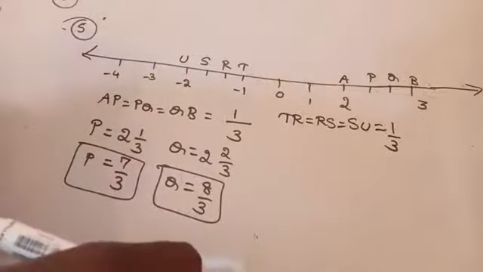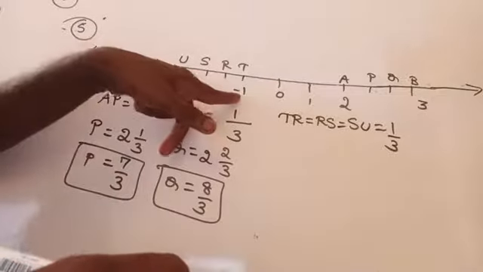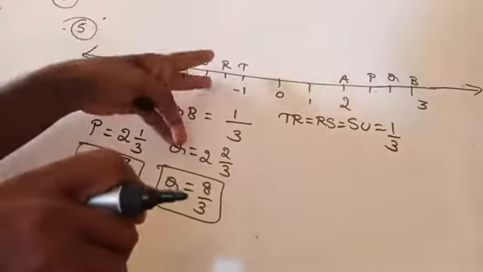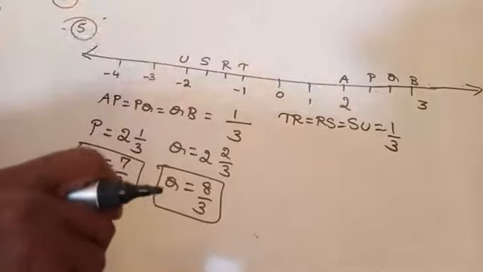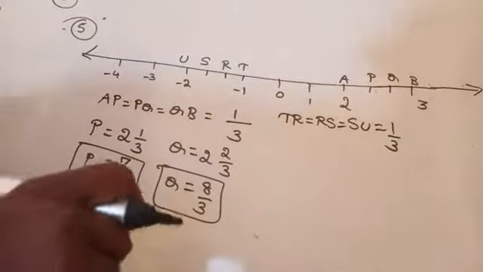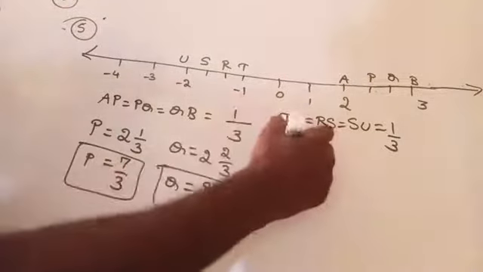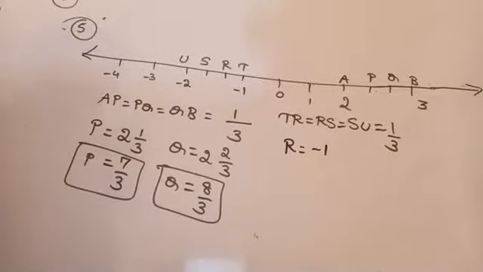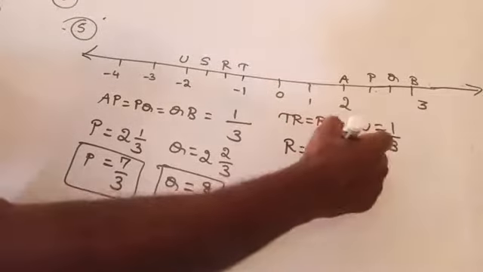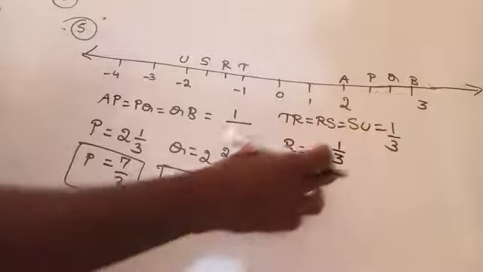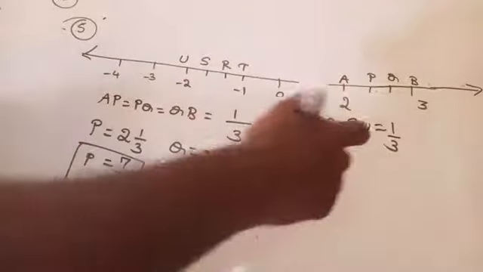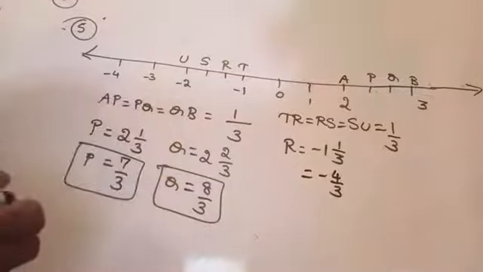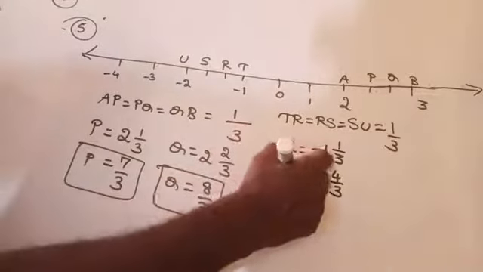Okay, so it is minus 1, the whole number. After minus 1 comes minus 1 1 by 3, minus 1 2 by 3, minus 2 3 by 3. Are you getting there? So R is minus 1 1 by 3. That means 3 plus 1 is 4 by 3, so it is minus 4 by 3. What is S?